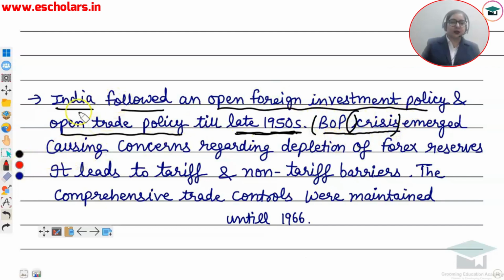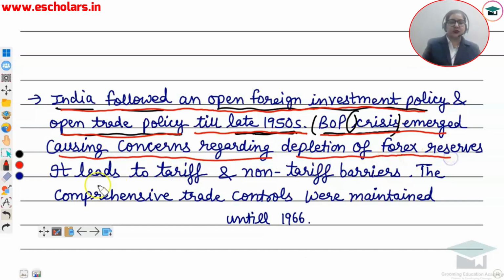So let's recall it till now. India followed an open foreign investment policy and open trade policy till late 1950s. BOP crisis emerged, causing concerns regarding depletion of foreign exchange reserves. As we know, whenever there is a BOP crisis, issues might arise due to depletion of foreign exchange reserves in the economy, because we require the foreign exchange reserves in order to make the payments for the imported goods and services.